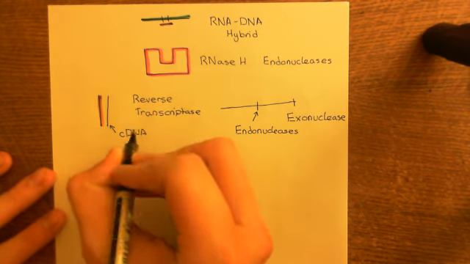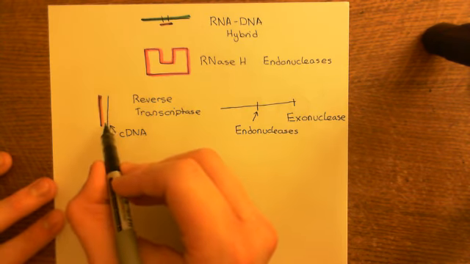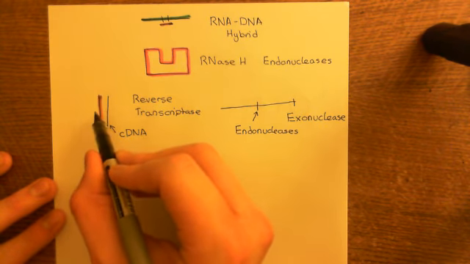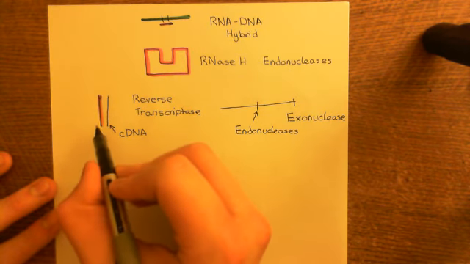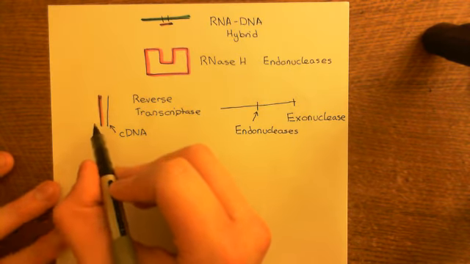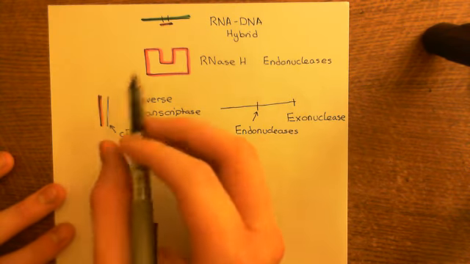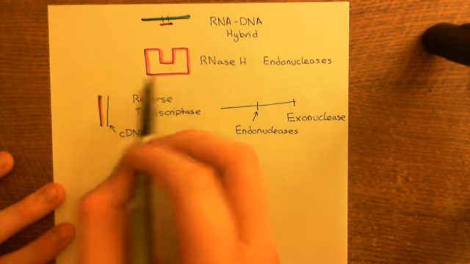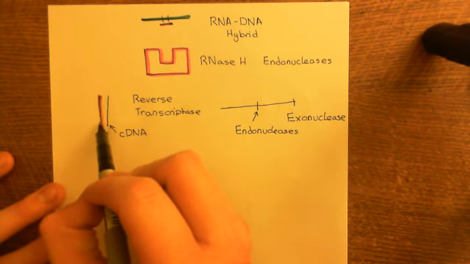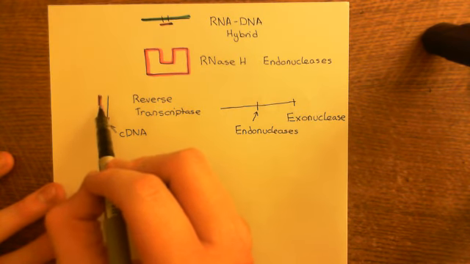Then what you have within the cell is a cDNA strand bound to the original RNA template that was inside the HIV virion. Now what will happen is the RNase H enzyme will break down this original piece of RNA which is bound to the cDNA.